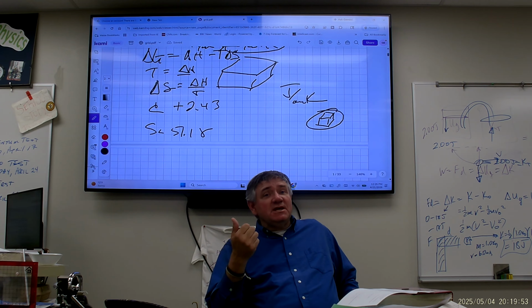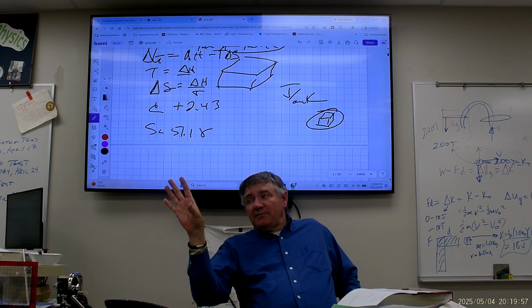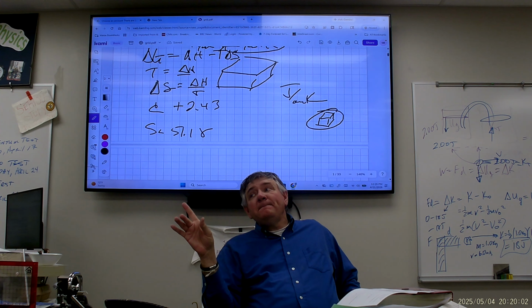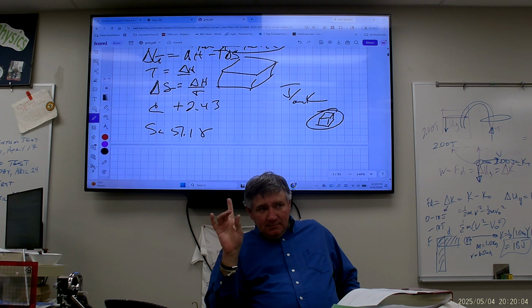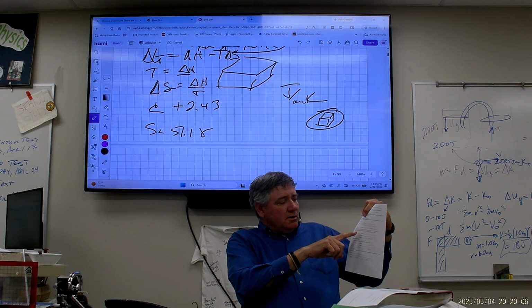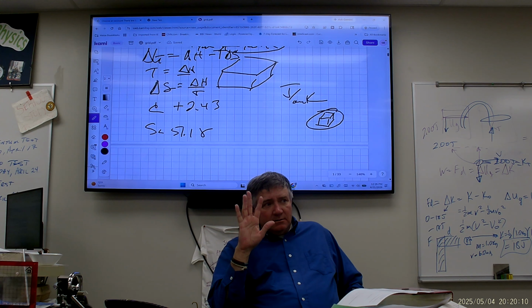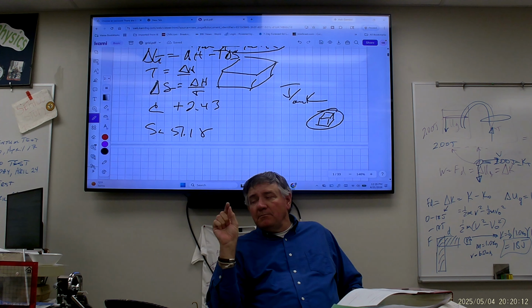Now, as soon as you see bubbles, what does that indicate about the entropy? Positive. It's positive. Okay? But you're also going from having iodide ions floating around to elemental iodine.